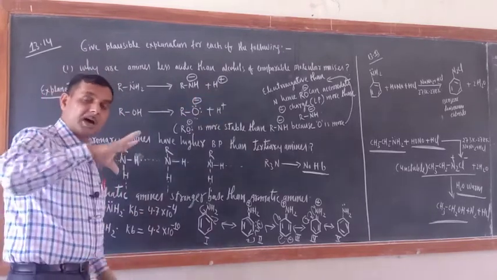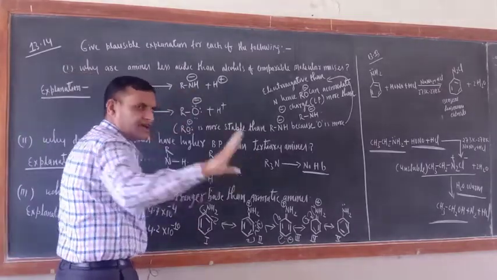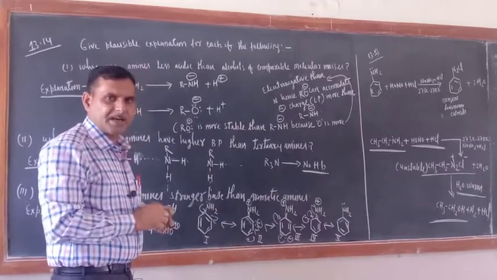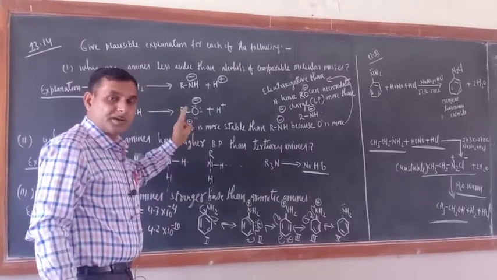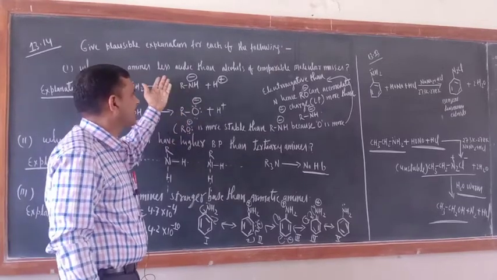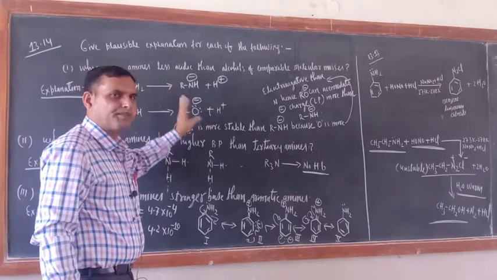After removal of H positive, whatever species is formed should be stabilized. Am I correct or not? If they are more stabilized, that would be the stronger acid. No one is a strong acid here, we are comparing.